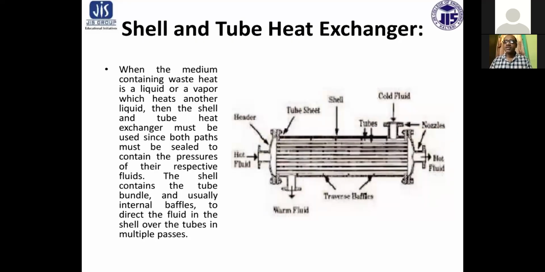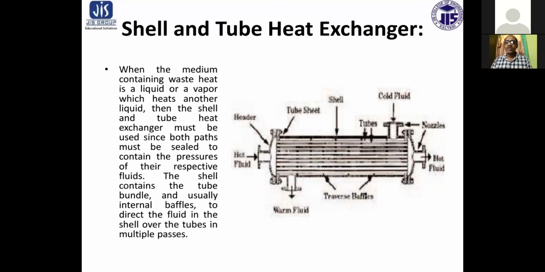Next, the figure shows a shell and tube type heat exchanger, which is extensively used in industries. When the medium containing waste heat is a liquid or a vapor which heats another liquid, then a shell and tube heat exchanger must be used, since both paths must be sealed to contain the pressure of the respective fluids.